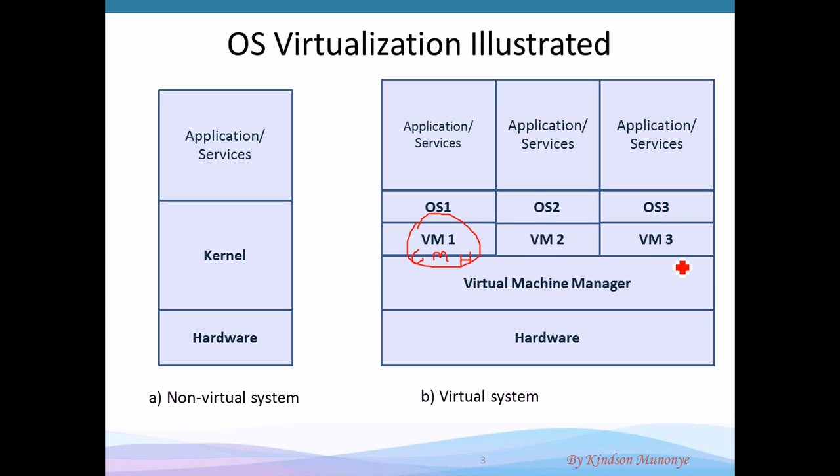So the operating system sees this virtual machine as if it's a complete physical server machine, but it's just virtual. So the hardware here is divided into virtual machines. I hope it's clear. In this way, you have applications and services installed on different virtual machines, and interestingly they will not interfere with the operations of the other ones.